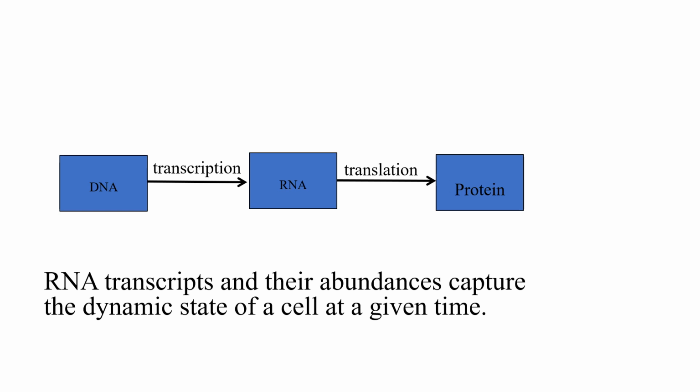RNA transcripts and their abundance capture the dynamic state of a cell at a given time. So in this case, the DNA makes the transcription and the translation, and a number of proteins are formed under a specific condition. Under control condition, the same protein shows differently relative to the protein formed under stress condition.